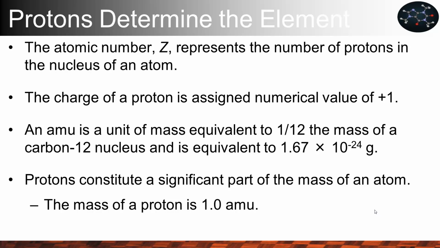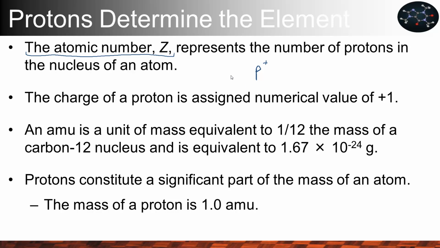Now we're going to talk a little bit about protons. And we've discussed protons already earlier in the semester where we talked about them in Chapter 2 and Chapter 1. We talked about the parts of the atom. So remember we represented protons by a lowercase p and a superscript plus. Now when we talk about an element, in an atom of an element, we have an item we call the atomic number.